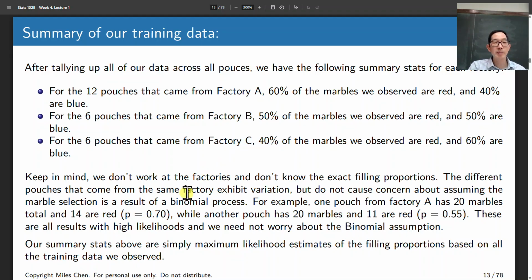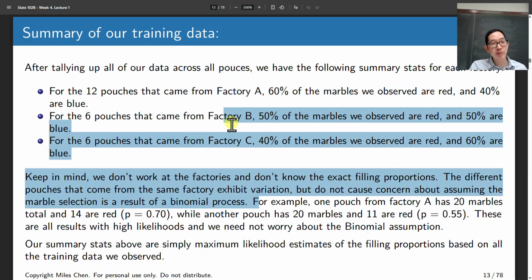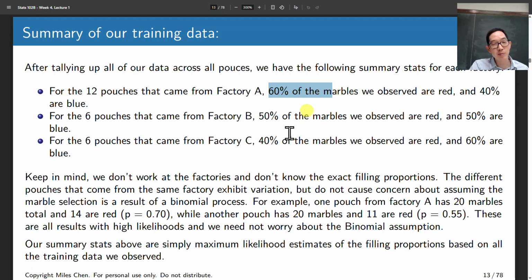Okay, and the pouches do exhibit variation, so it's not like every single bag that came from factory A were exactly 60% red. Some had more red, and maybe others had less. So it's possible that you have one pouch with 20 marbles where 14 are red, so 70% red, and then another one where it's only like 55% red and things like that.